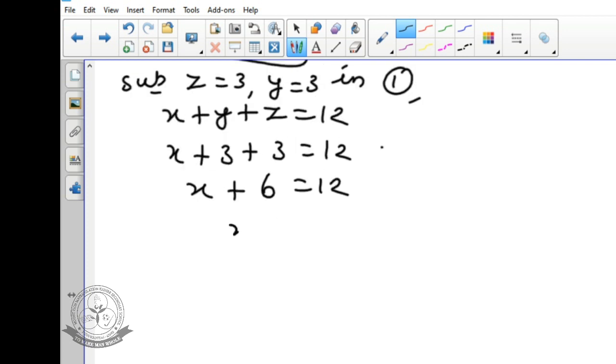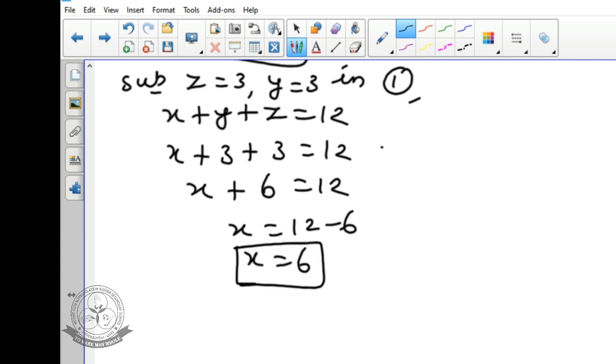So x equal to 12 minus 5. So x equal to 7. Now we have got the x, y and z values. Therefore x equal to 7, y equal to 3 and z equal to 2.